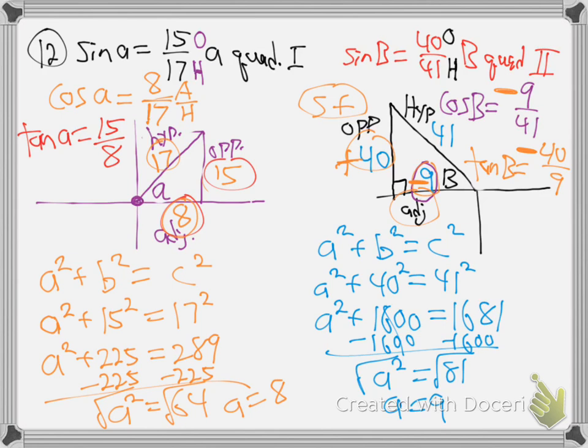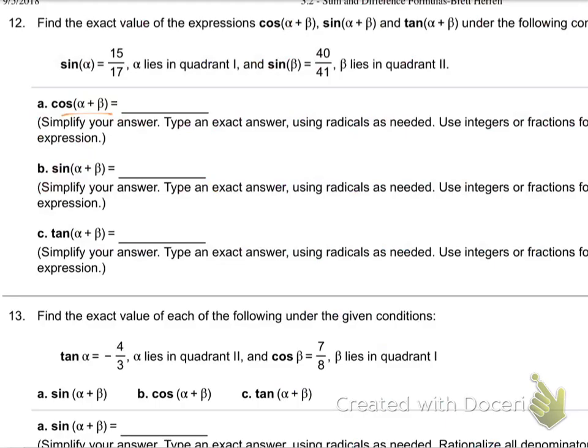Okay, so now we've got all the pieces. We can build the puzzle. We have sine, cosine, and tangent for A. We have sine, cosine, and tangent for B. So now we're ready. What they're asking us to do is they want the cosine of A plus B first. So let's do that. Number 12, part A. They want the cosine of A plus B. We're using the formula that we've been using all hour and a half here.